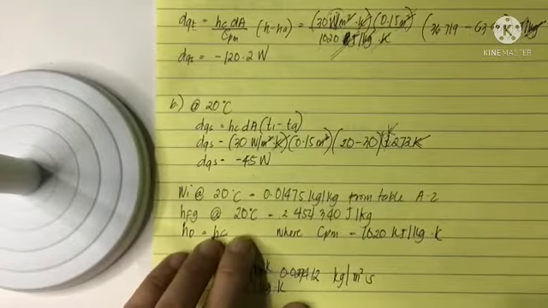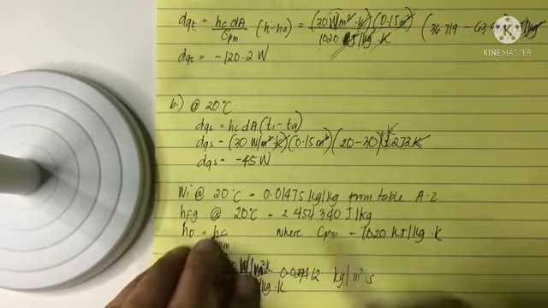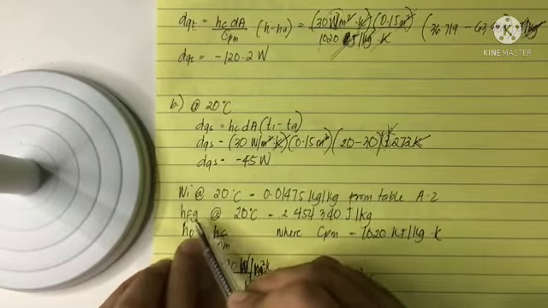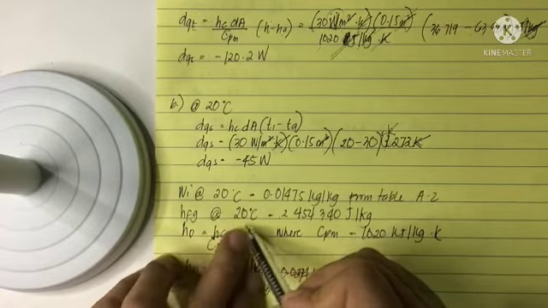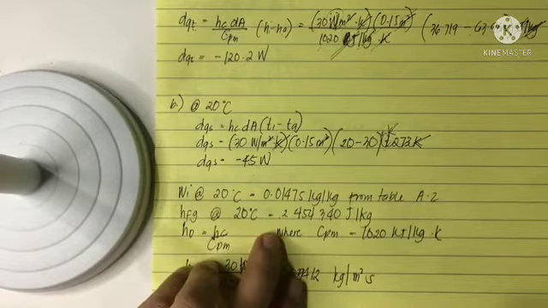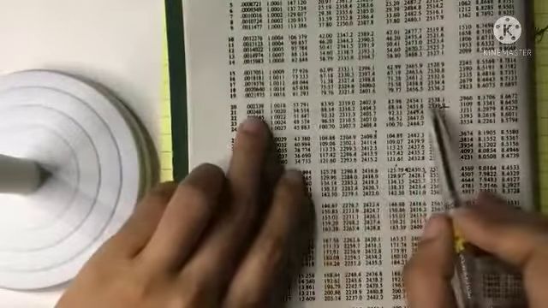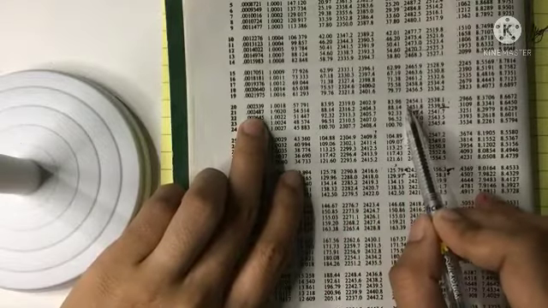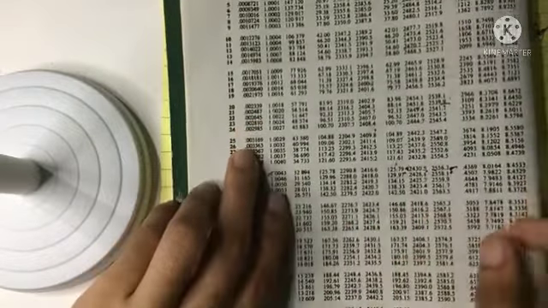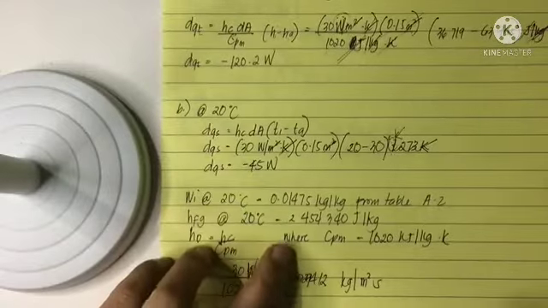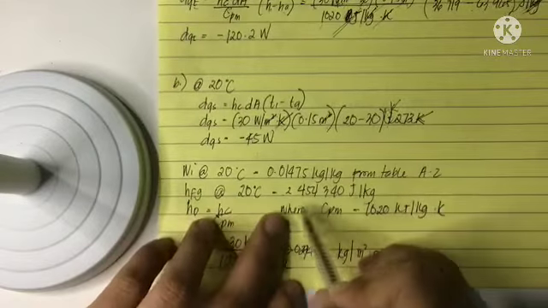So from looking for our latent heat, or your HFG at 20 degrees Celsius, here is your 20 degrees Celsius. Your HFG is equal to 2454.1. So, converted into joule.